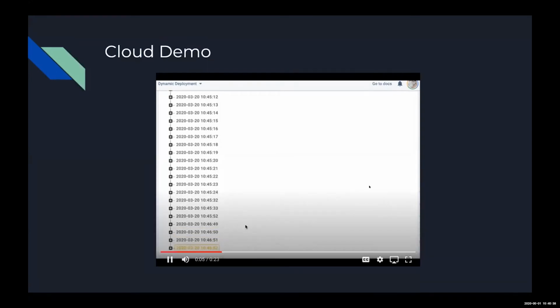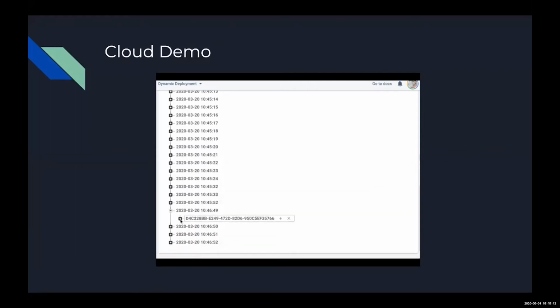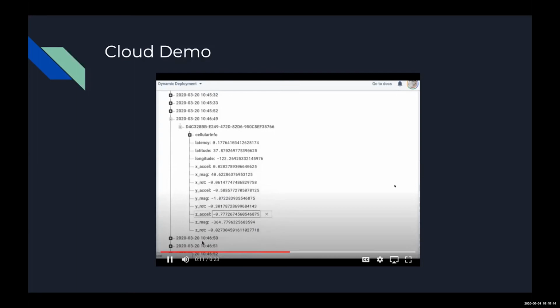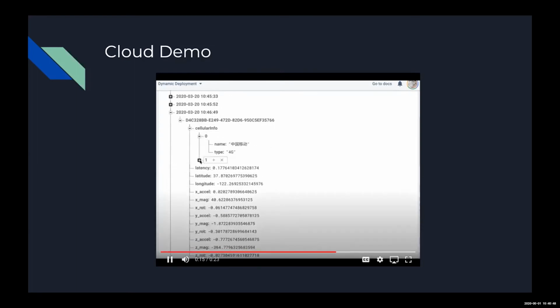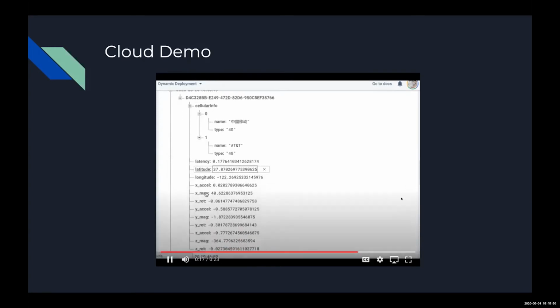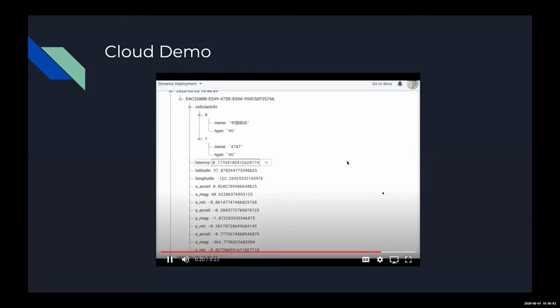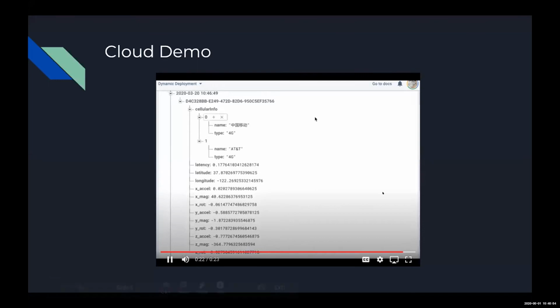It keeps collecting the dynamic data from the user. We can see the data includes the provider's name, the connection type of the network, the latency, the location, and other motion data.